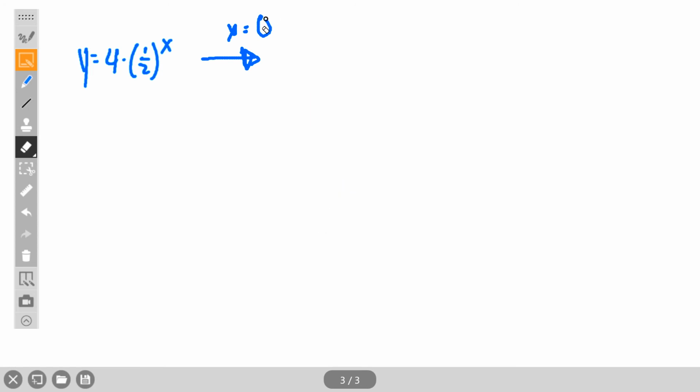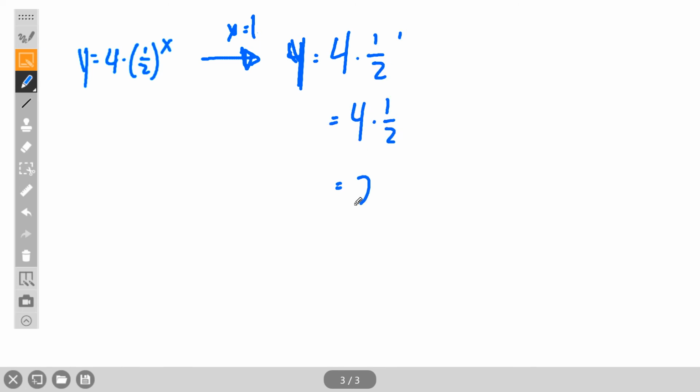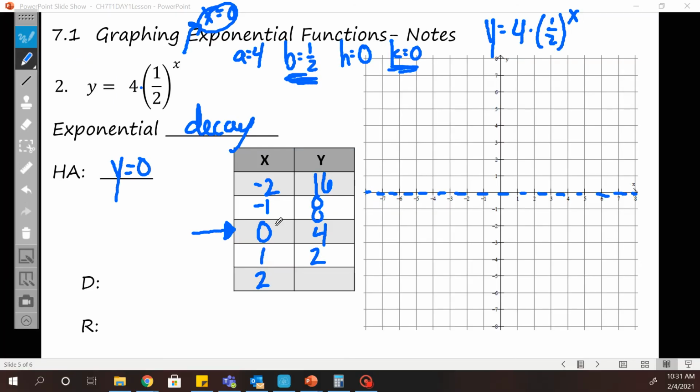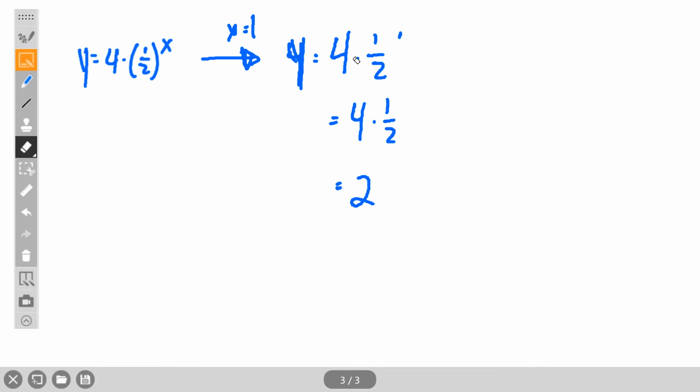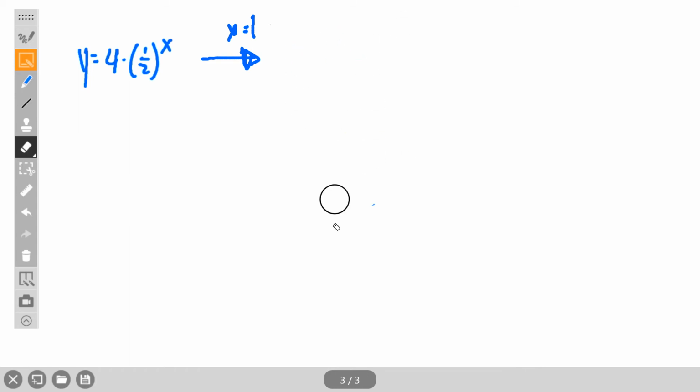Next we'll plug in 1. So y equals 4 times 1/2 to the 1 power, which is just 4 times 1/2, which is 2. So next we have 1 comma 2. Lastly, we'll plug in 2.